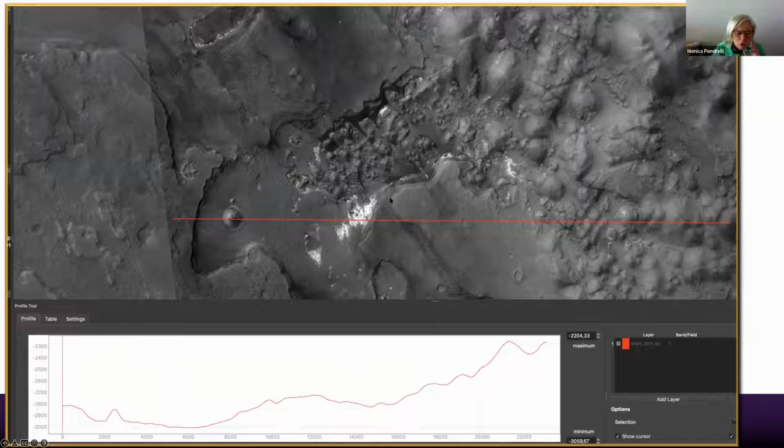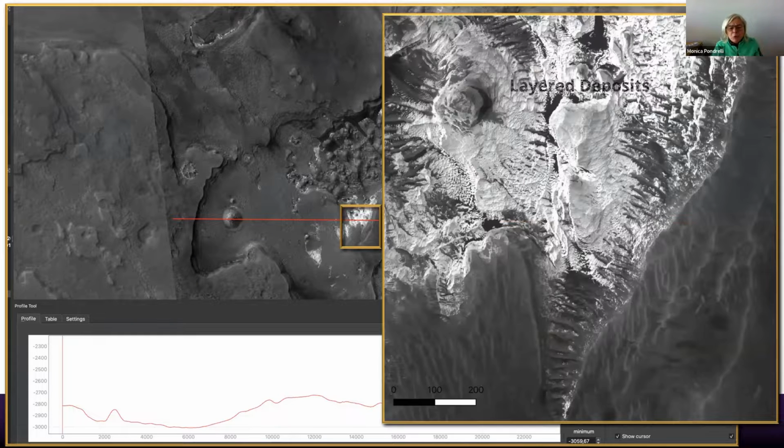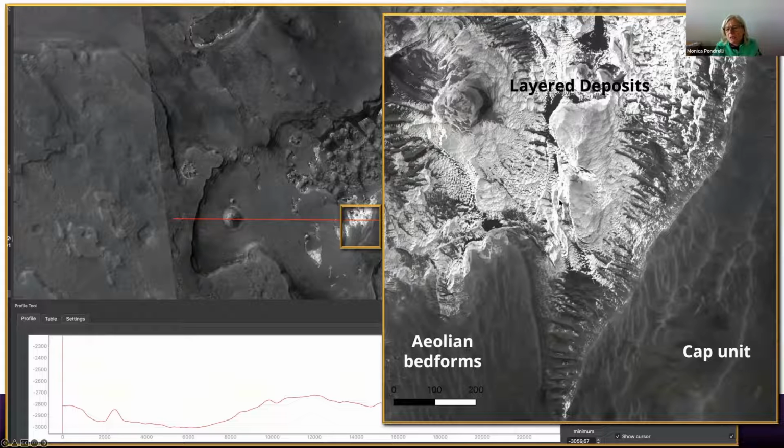I should say that I am speaking broadly of units that might also be subdivided into even more units, but I want to be very simple, I hope not superficial. If you go here and make use of the HiRISE data, we can see that the layered deposits are actually layered.